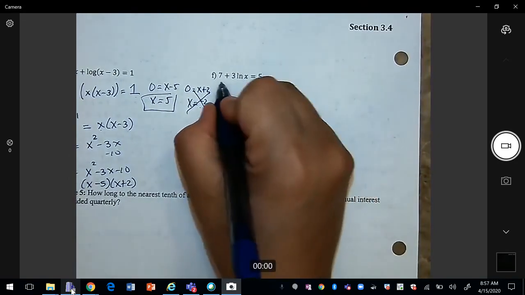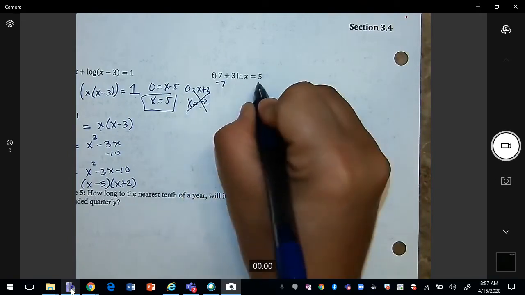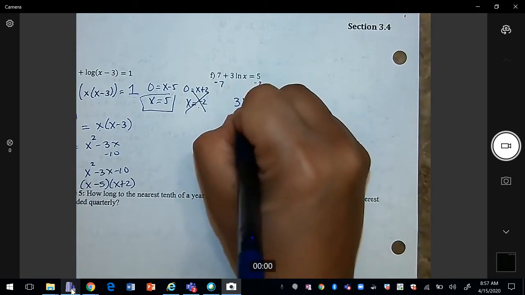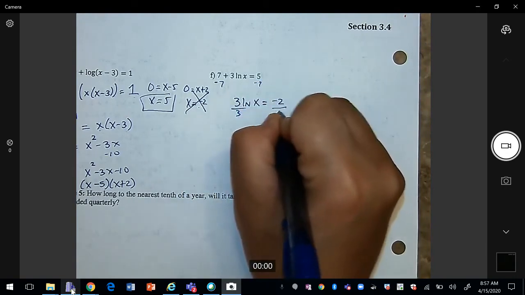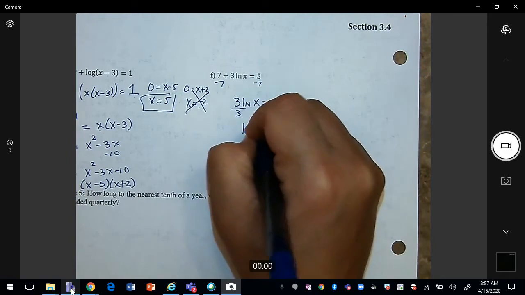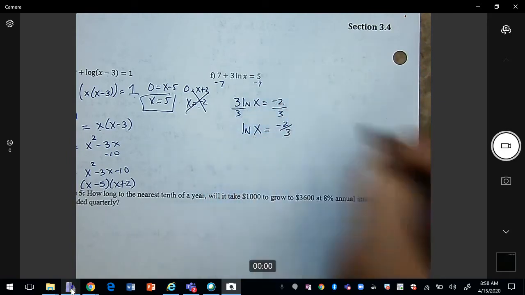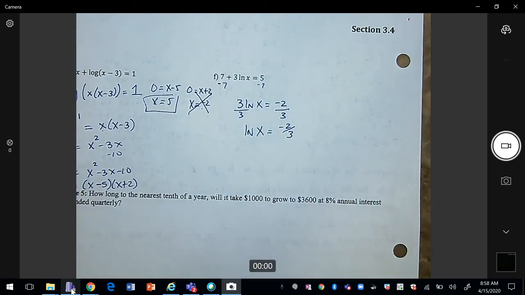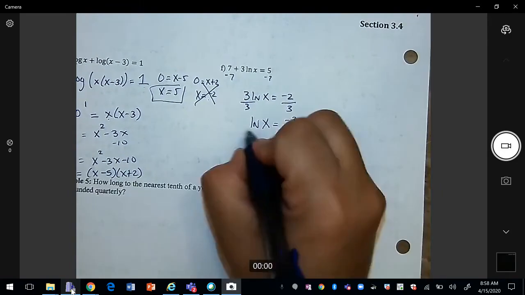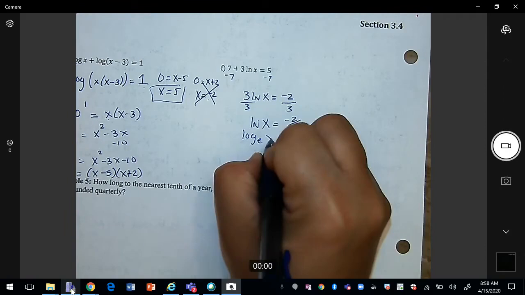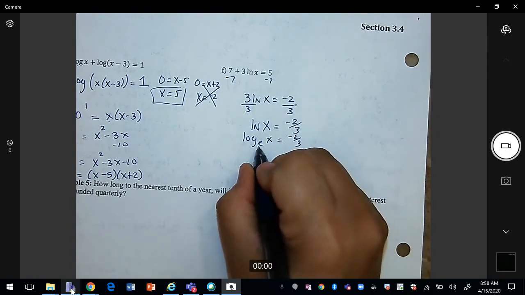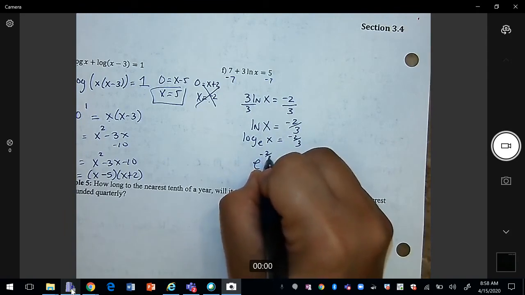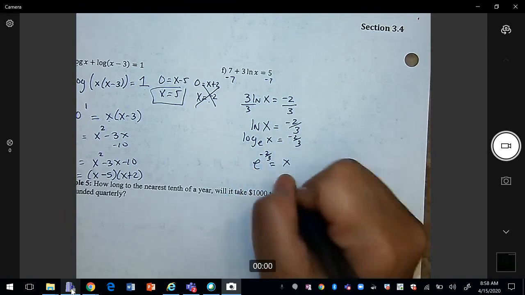And then the last problem here, subtract 7 on both sides. Divide by 3. So here the base is e, and it's raised to the negative 2/3, since that's what the log is equal to.